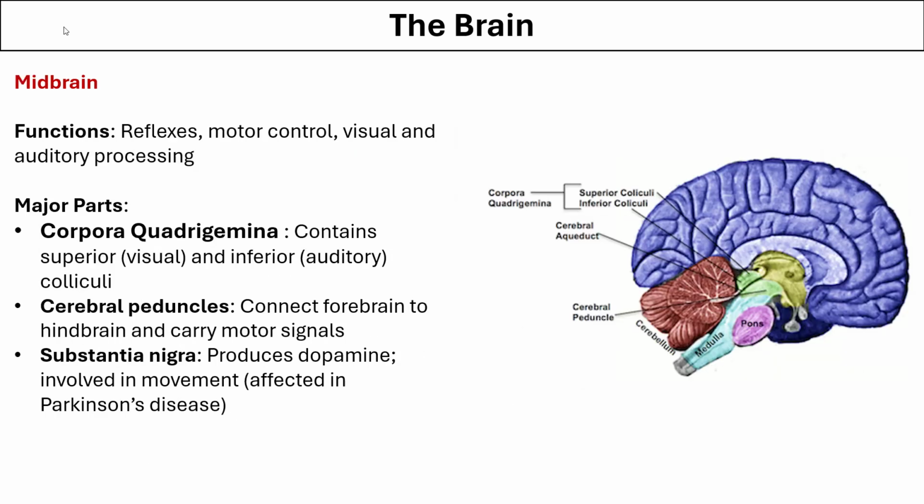The next part of the brain is the midbrain. Its main function is to deal with reflexes and motor responses, and to process visual and auditory information. The midbrain has some regions of neurons called corpora quadrigemina.